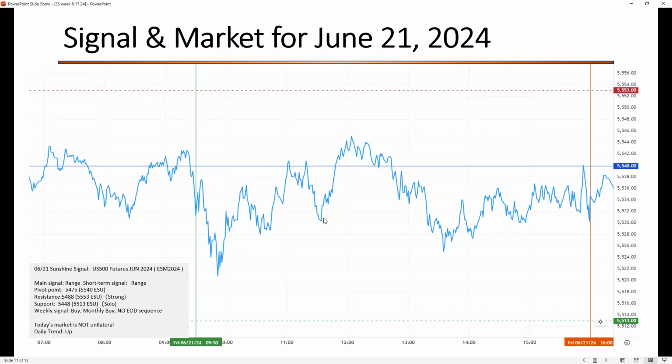Others, instead of taking a long down here, might have waited to take a long here or here, and this one would have given about 10 points or so. But since the market was not able to capture the prior day's high at 55.55, where resistance is right around there, prices couldn't get above or even near that, and it eventually came back down to the 55.25 support level again.